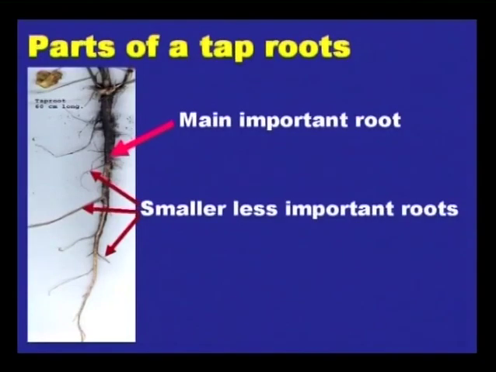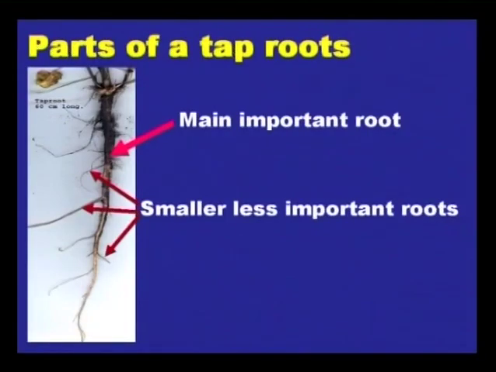So a taproot digs deeper into the soil. It has one main root. Now I would like you to think of the tap at the schools. Receiving students, if you have taps in your schools, you imagine the tap. One tap, the water comes and goes through that tap. But if you have lots of outlets of the taps, you will find that the water comes from one pipe, and then it spreads out to the other.